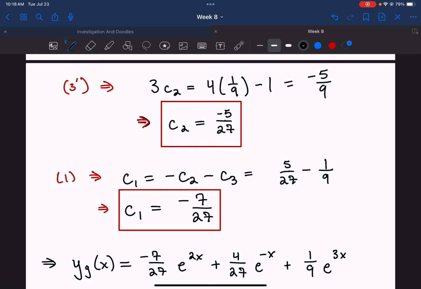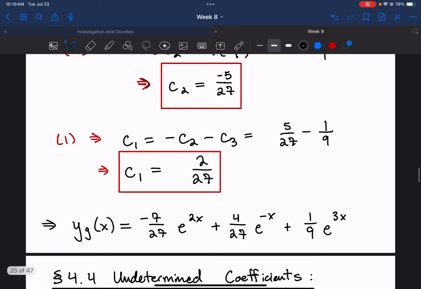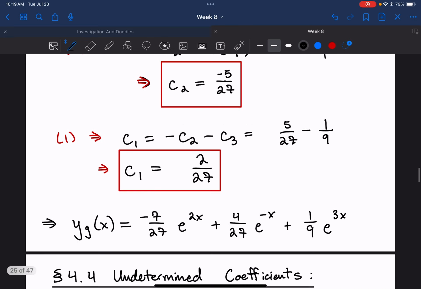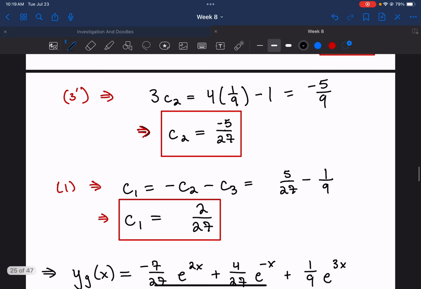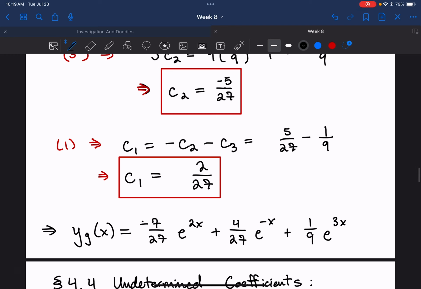So this is positive 2, should be positive 2 over 27. Okay, so this should be plus 2. This should be minus 5. Minus 5. Sorry about that.